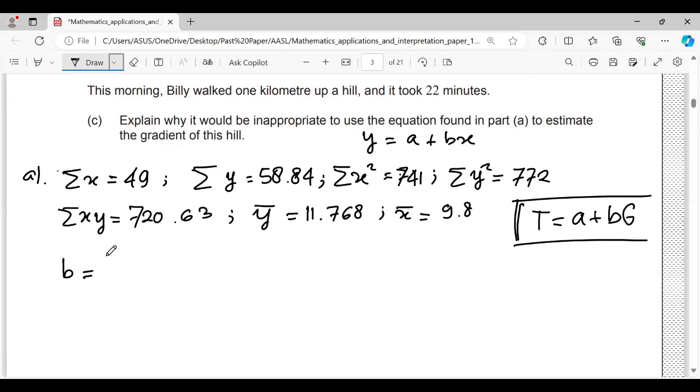So the B formula is, wait, I need more space.